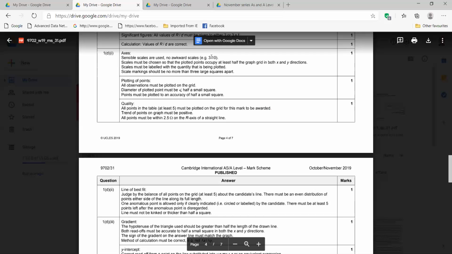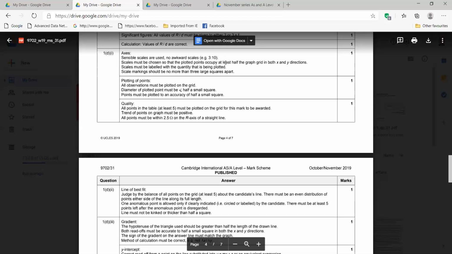They gave one example, 3 is to 10. What we have to take is an easy ratio, like 1 is to 2, or 5 is to 10. This way you can plot the points quickly, because the examiner also will check the plotting. When you give a very complex ratio, it is difficult for him to check the readings. Okay, clear to you?